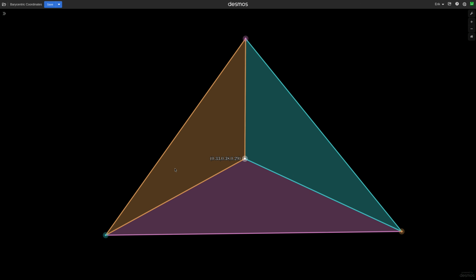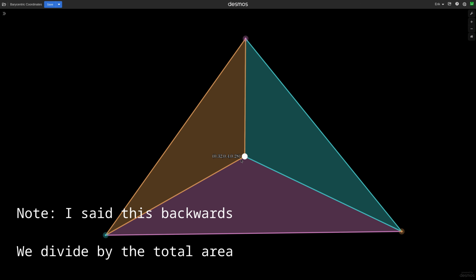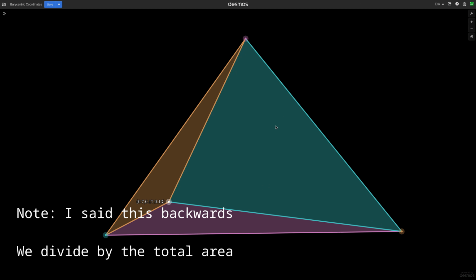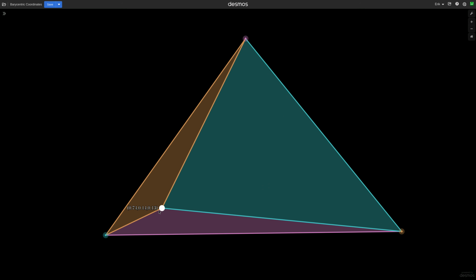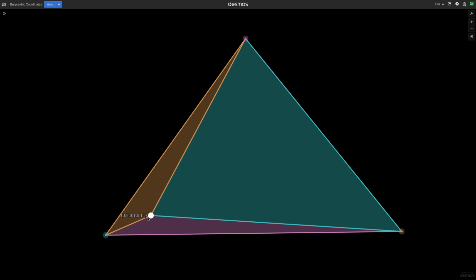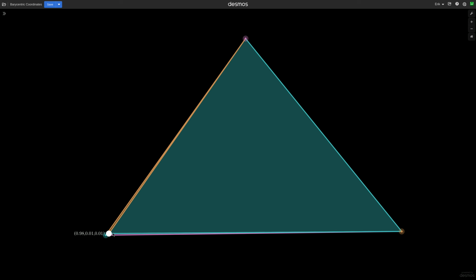So the way we calculate barycentric coordinates is we look at these three subtriangles that this point divides the triangle up into. And each of these is just a normalized area. So we take the area of a subtriangle and divide it by the total area of the triangle. And that's relative to the triangle opposite of a corner. So for the first component, we're looking at this triangle. So that's why it's 1 here.